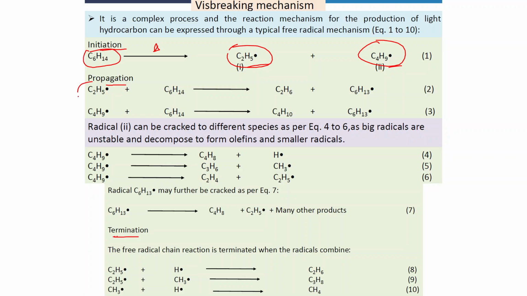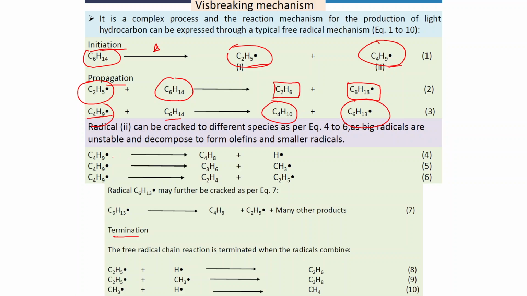Further, these radicals will propagate by reacting with other hydrocarbons, producing a smaller molecular weight hydrocarbon and a larger molecular weight radical. Likewise, this may react to form a smaller molecular weight hydrocarbon of C4H10 and a higher molecular weight radical of C6H13.